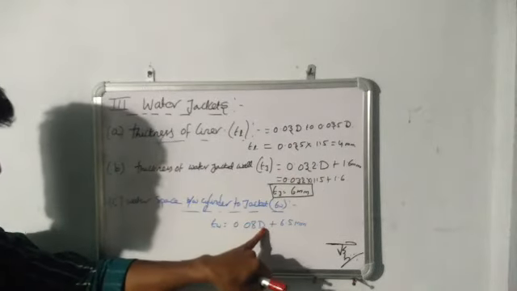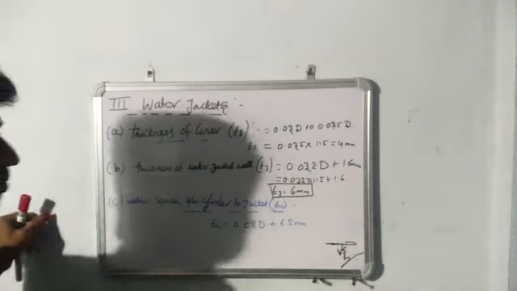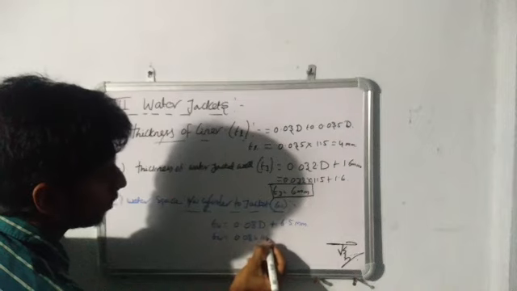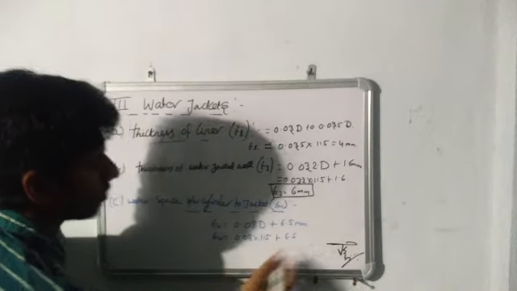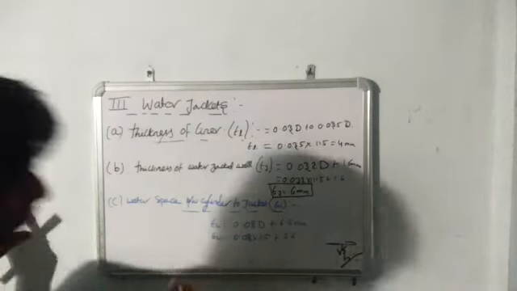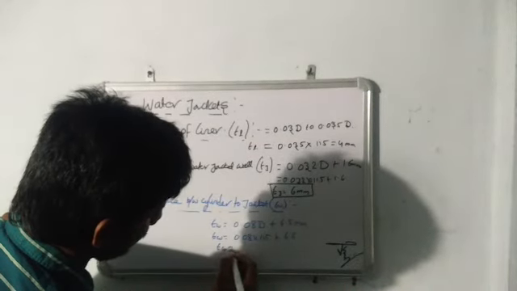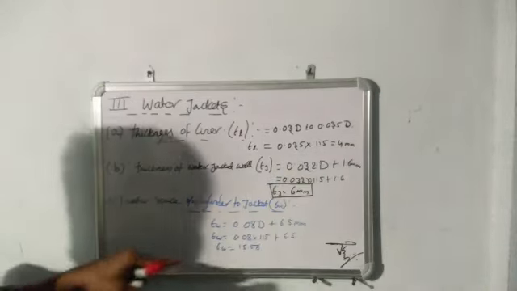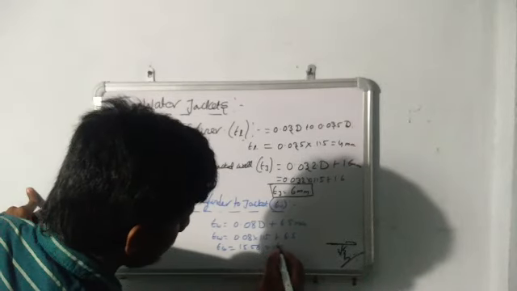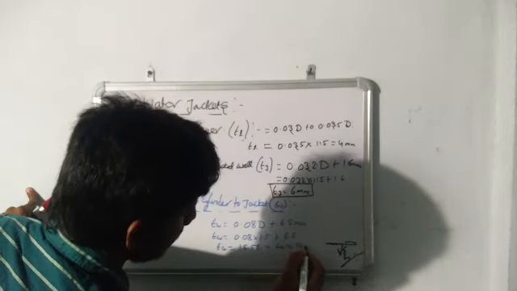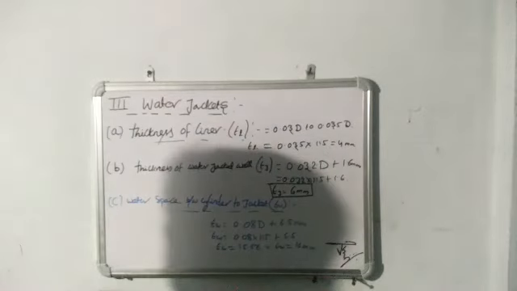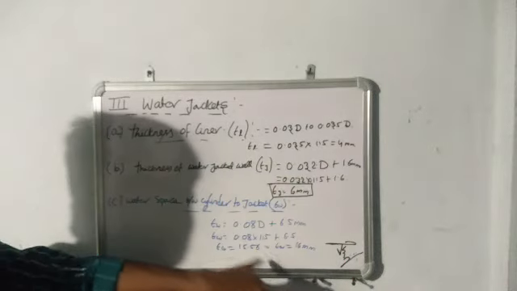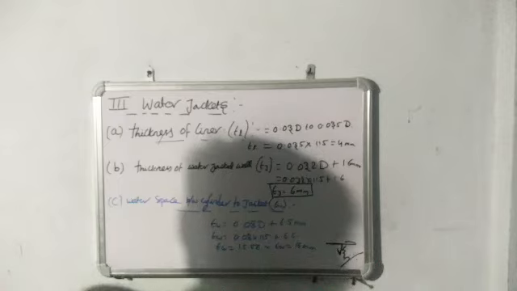We know here the value of D. By substituting that, we get Tw equal to 0.08 into 115 plus 6.5. By simplifying this, we get approximately 15.56. It is rounded off and take the value Tw as 60 mm. This is the water space between the cylinder and jacket. And go to the next one.